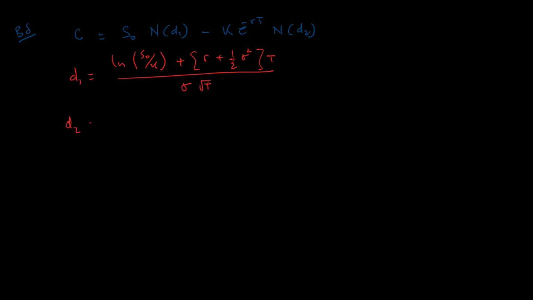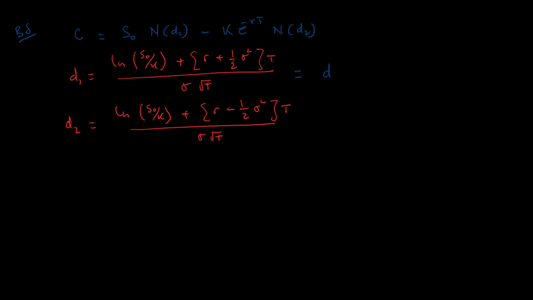And D2 is equal to the log of S0 divided by K plus the interest rate minus this time 1/2 of the variance, and then we have T, and we divide that by standard deviation square root of T. Now it just happens that D2 is also equal to D1 minus standard deviation square root of T. Or I should say, perhaps we should write it the other way around.